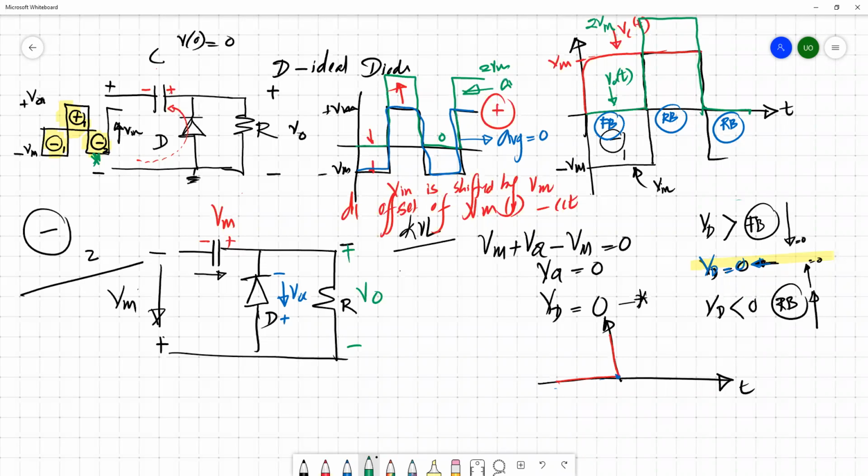This average is not equal to 0, because if you evaluate the area, the area is always positive. So the average is non-zero. By using this clamper, you can have a non-zero average signal without using any extra element. You just use a capacitor, store the energy of the source, and use that energy to bring your output to this mode. So this is a clamping circuit.